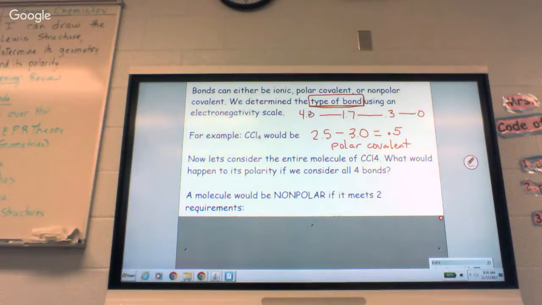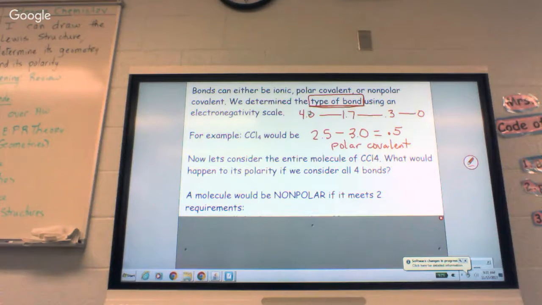If you don't meet both requirements, you're automatically what? Polar. Everybody with me on that? If you fail to meet either one, you're automatically a polar molecule.